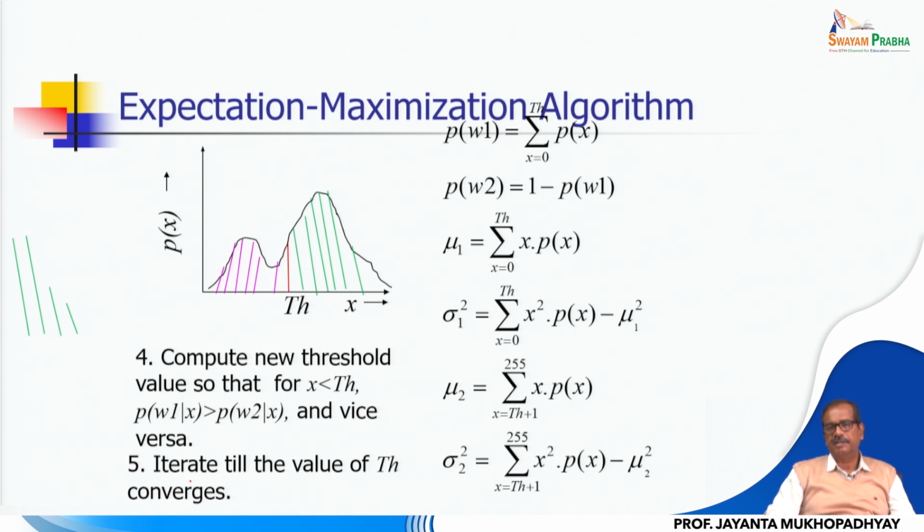With those parameters, you get the distributions, you compute the probabilities, and find the point of transition from one class to the other. That gives you a new threshold value, and you go on doing this till you get convergence.